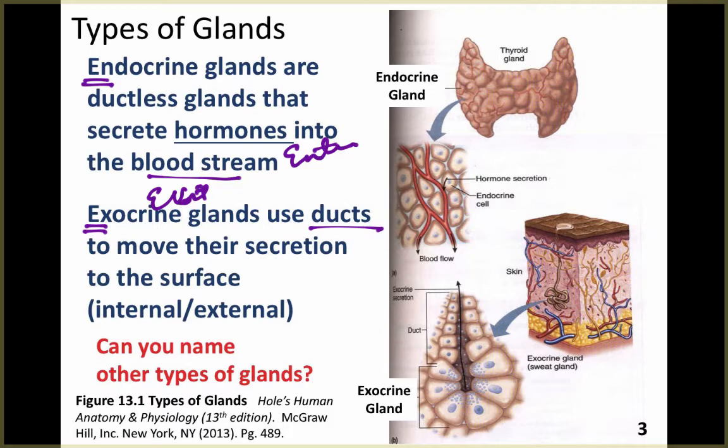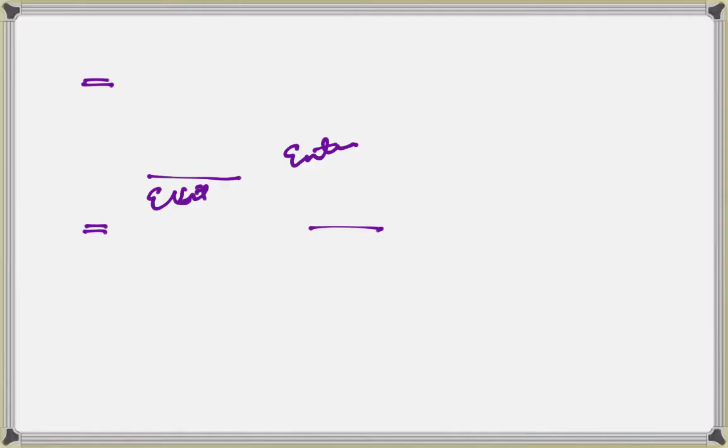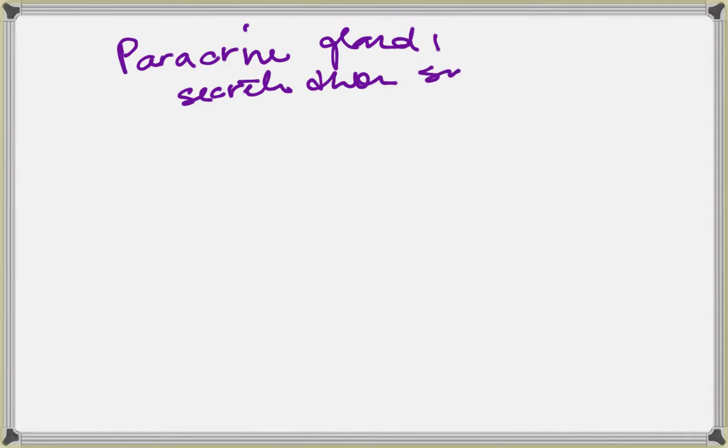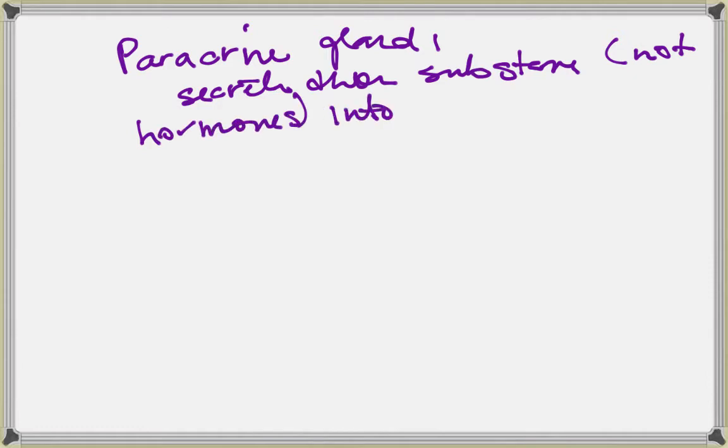Now, there are other types of glands that our body has. There are what are known as paracrine glands. And basically, these help to secrete their substance, and these are not hormones, into what's known as interstitial fluid.